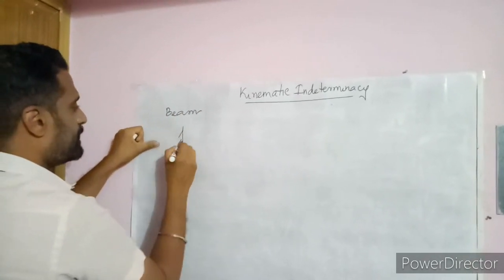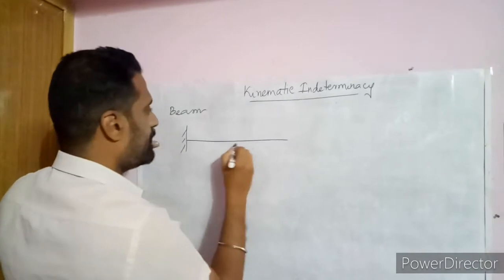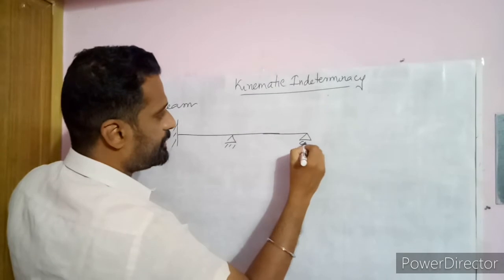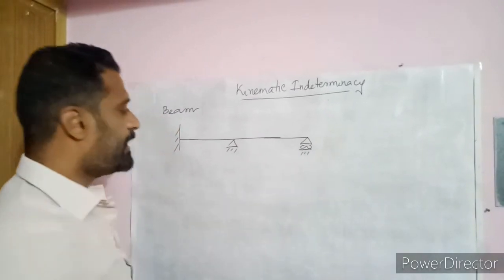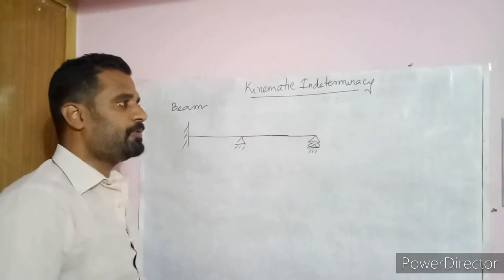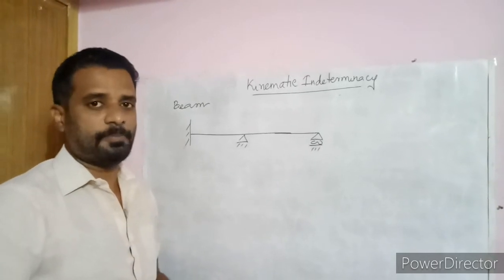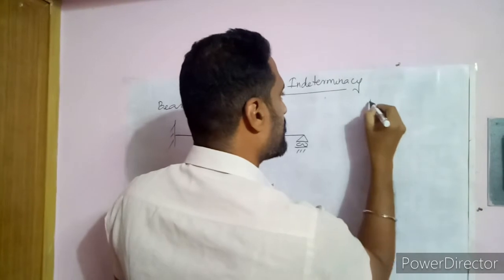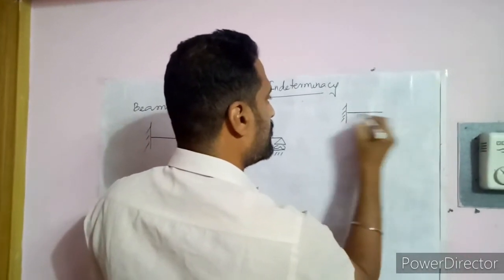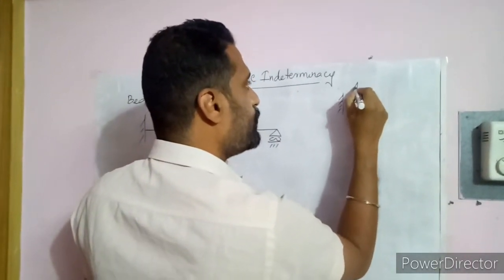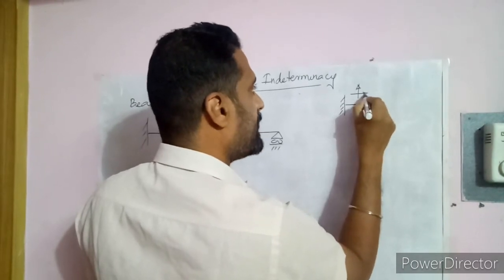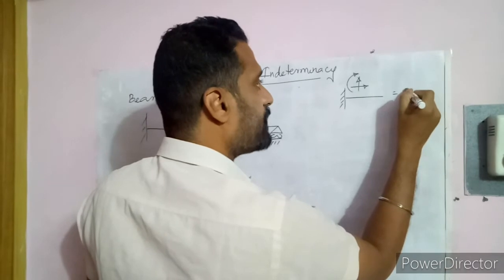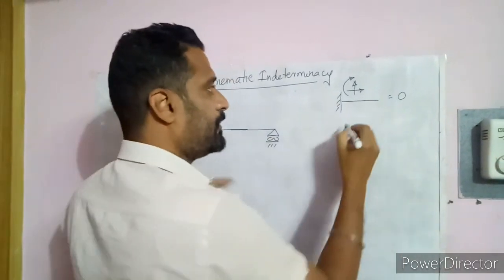There is a fixed support, a hinge, and a roller. Before that, I want to explain the resistance of all these supports. Let me take a fixed beam. A fixed beam has resistance to the horizontal, vertical and angular displacements, which means the kinematic indeterminacy of that particular end is 0.